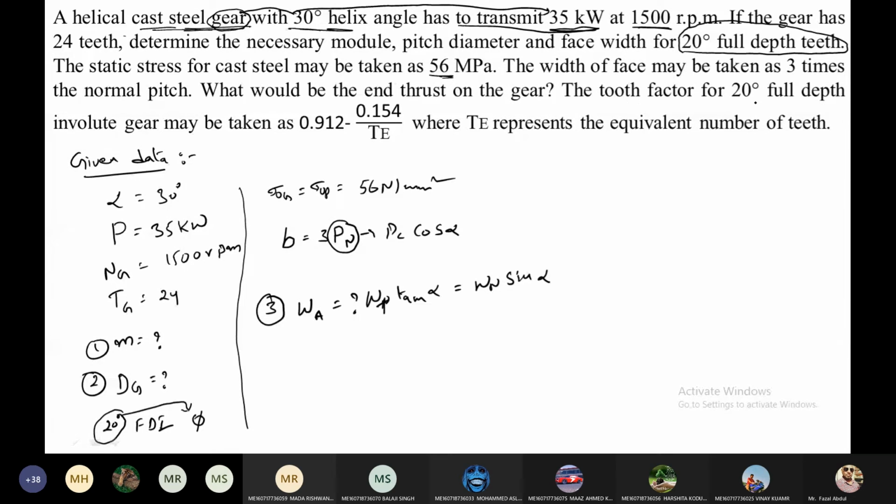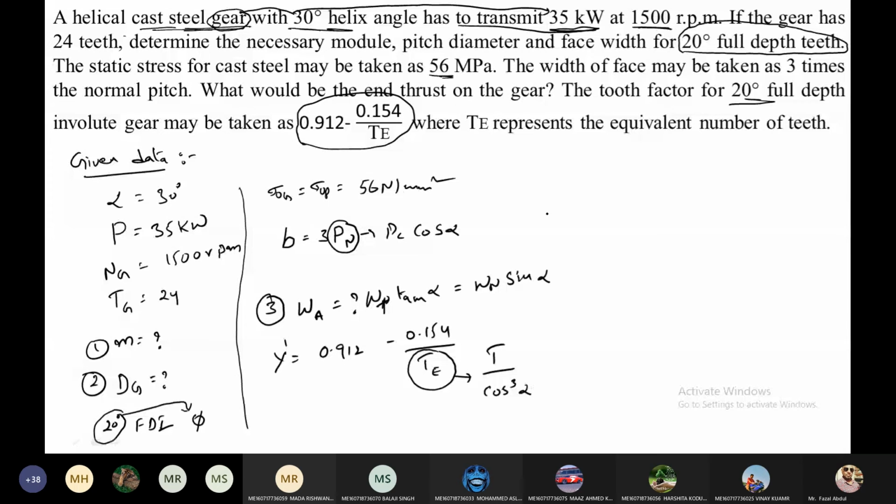Tooth factor for 20 degrees full depth involute system, the question itself mentions, tooth Lewis form factor y dash is given as 0.912 minus 0.154 by TE. What is TE? Equivalent number of teeth on a gear, that is T by cos cube alpha.